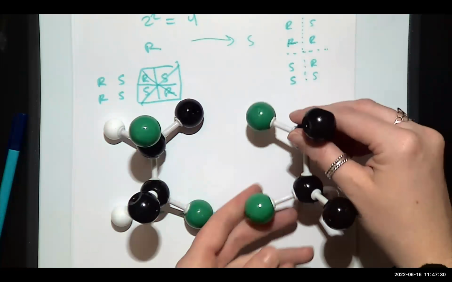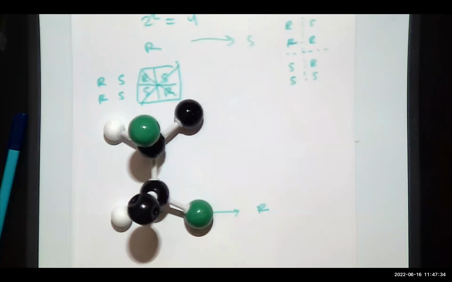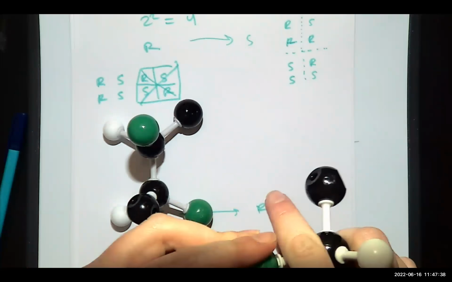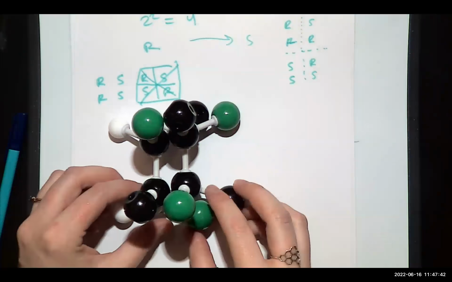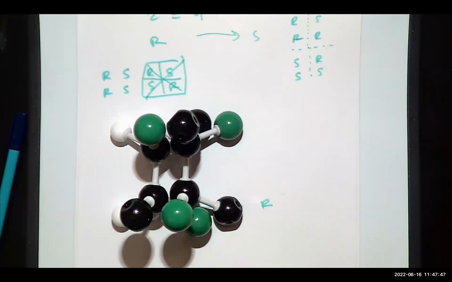If I take the mirror image of this, it's not superimposable. So it needs to have two chiral centers to be a meso compound. The two chiral centers need to have the same things attached to them, and there needs to be a plane of symmetry down the middle.